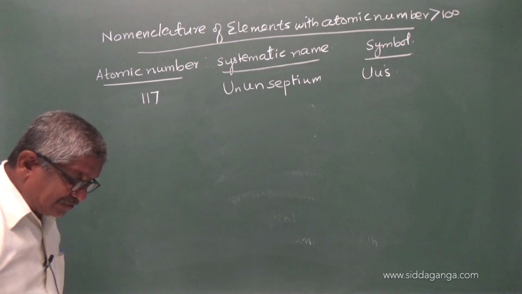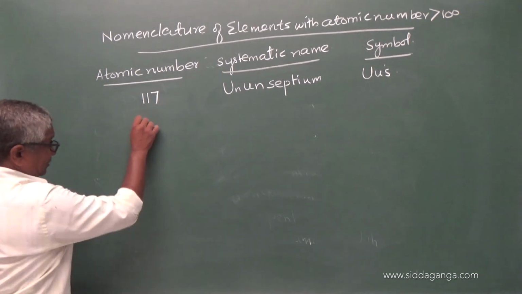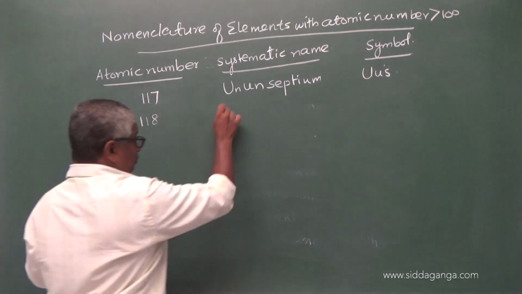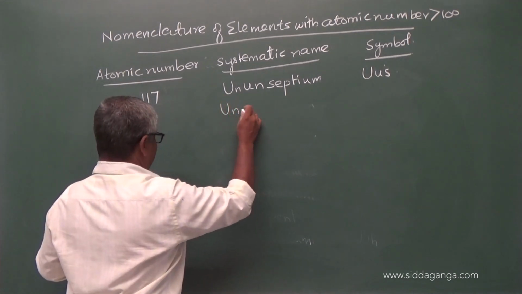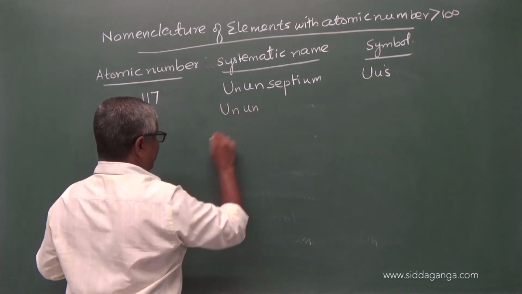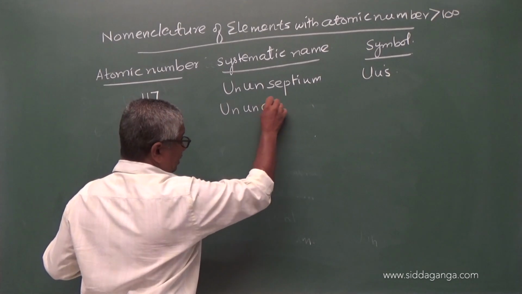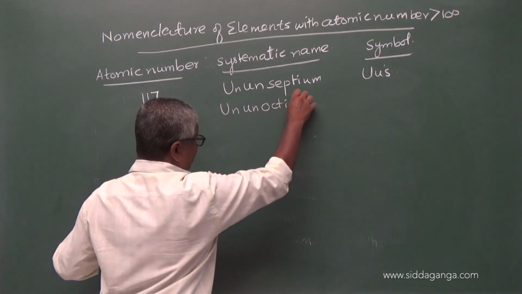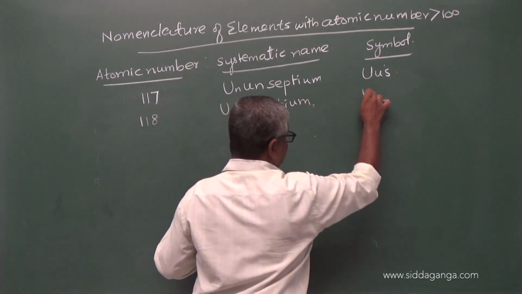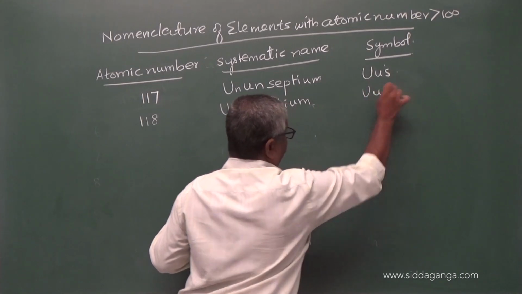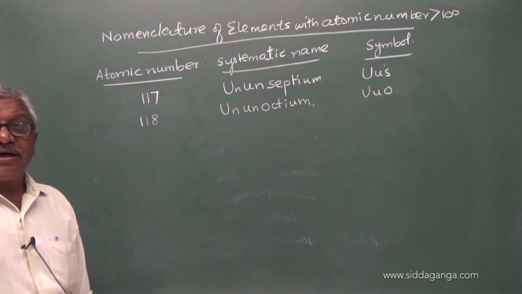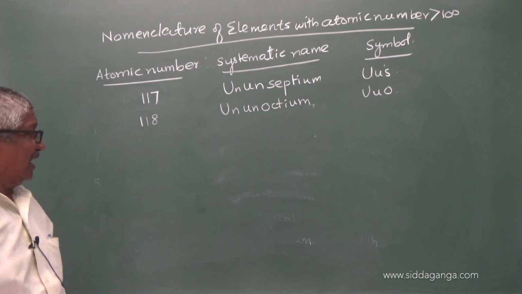Now the next it is 118, for 1 it is un, another one it is un, 8 it is oct, ium, so it is Uuo is the symbol for the 118.